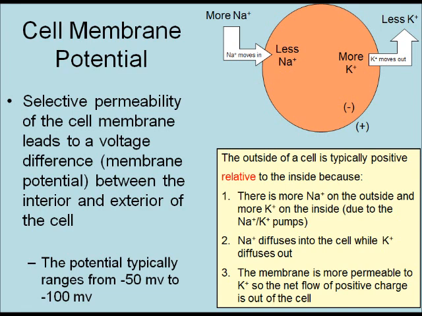But I've drawn a picture that hopefully will help to illustrate this for you a little bit. Here's my representation of a cell, and I mentioned that we've got this difference in charge on the two sides of the membrane, and the specific difference is that the outside of the cell membrane is positively charged relative to the inside of the cell membrane.